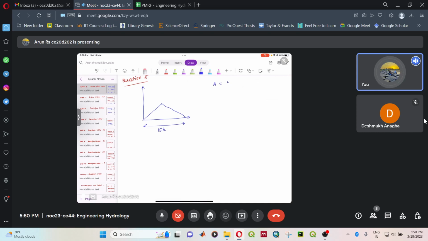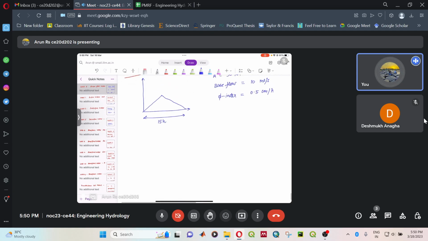The catchment area is given as 50 square kilometers, base flow was observed as 10 meter cube per second, and phi index for this catchment is given as 0.5 centimeter per hour.